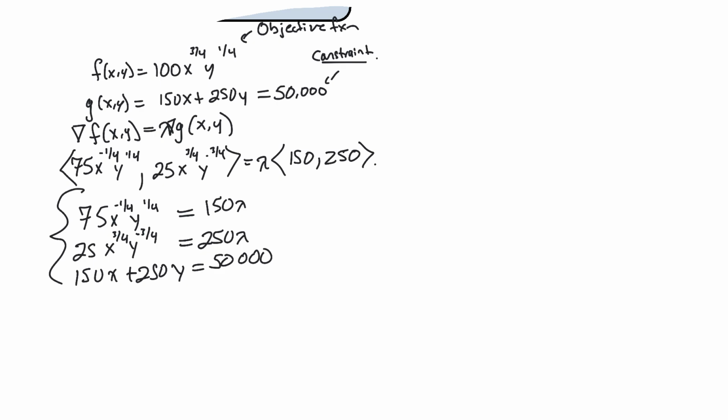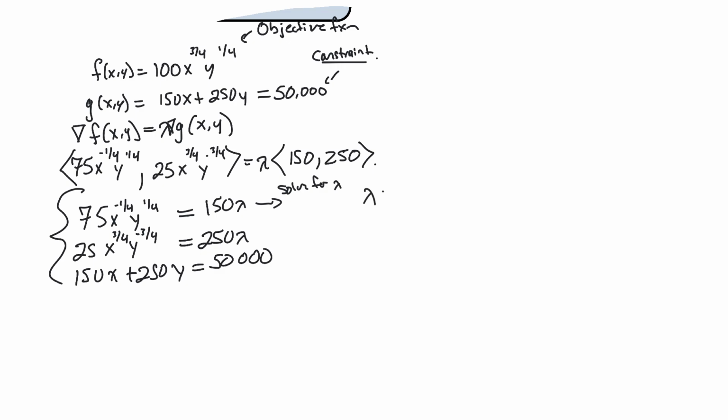All right, so here's that work. I just moved it over to a new slide so we have some more room. So again, we want to eliminate lambda. In the first equation, if we solve for lambda, 75 divided by 150 is going to be a half.